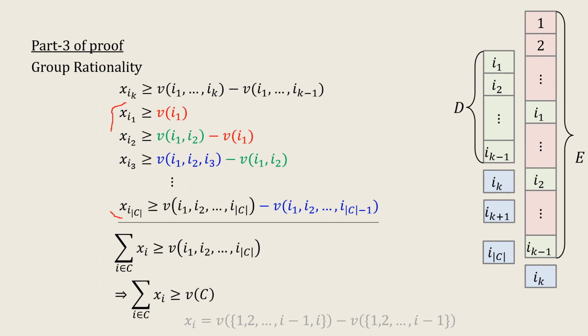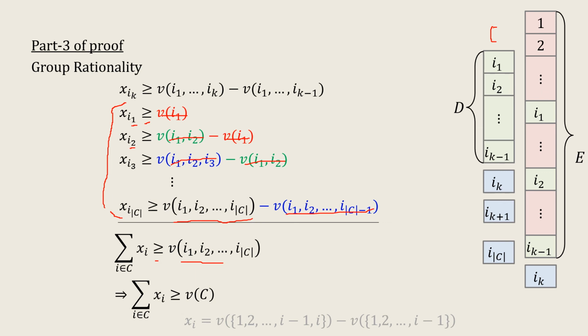I'm adding up all the x's, the payoffs of the agents which are in my coalition C. And on this side, when I add up, I have this greater than or equal to. And on this side, I see that things cancel out: v of I1, negative v of I1, v of I1, I2, negative v of I1, I2. So everything cancels out, and all I'm left with is v of I1, I2 until I sub C.